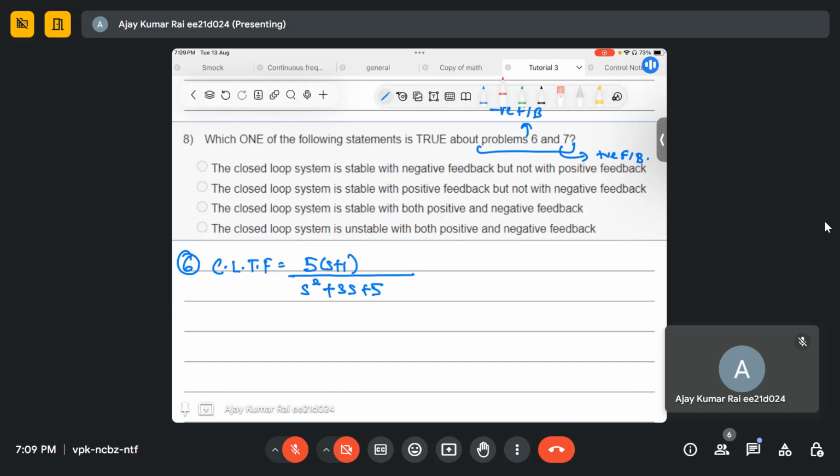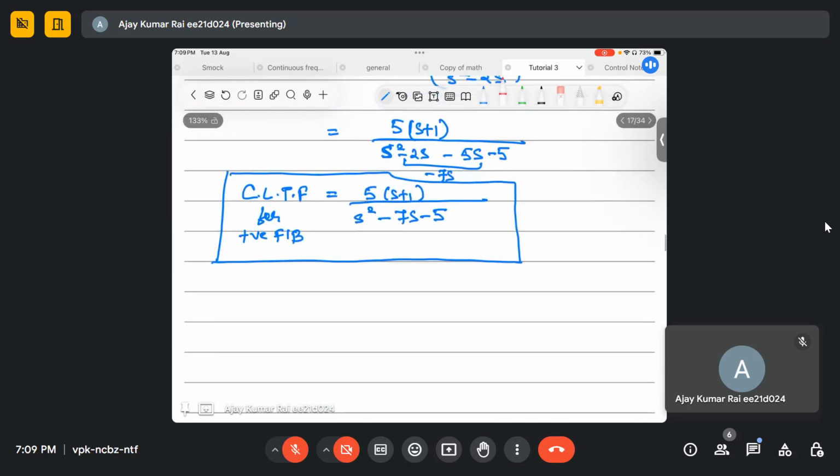Again, for question 7 we have the closed loop transfer function as 5 into (s plus 1) divided by s square minus 7s minus 5. So these are the two transfer functions.